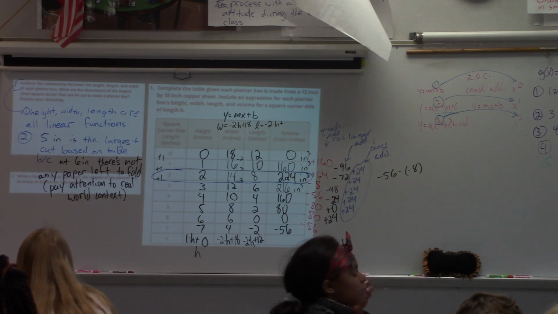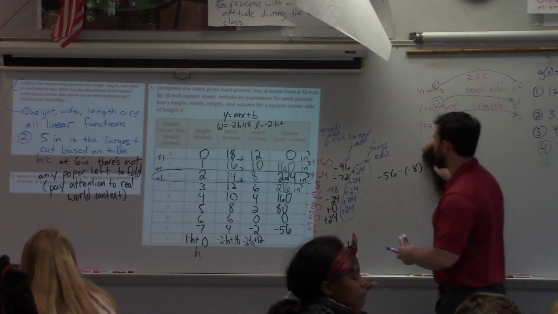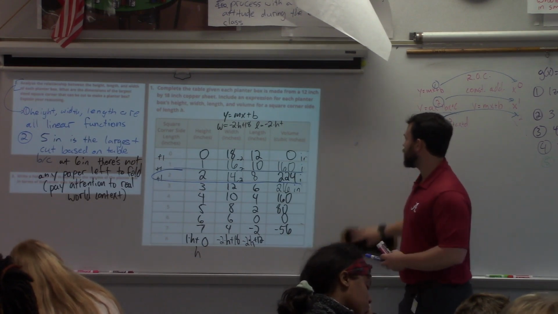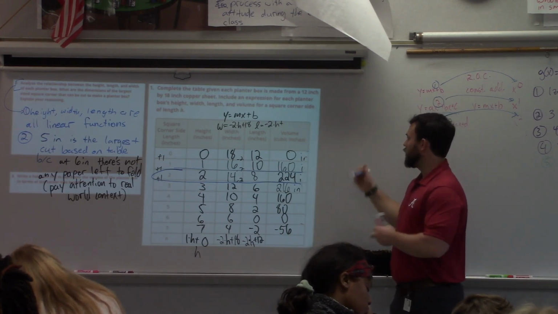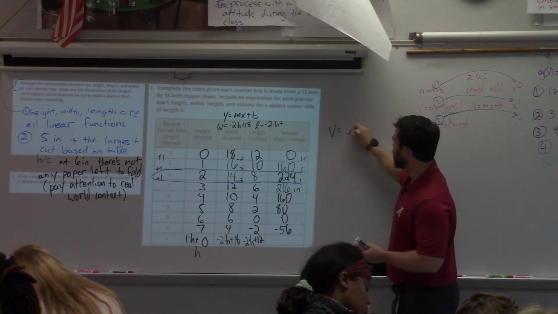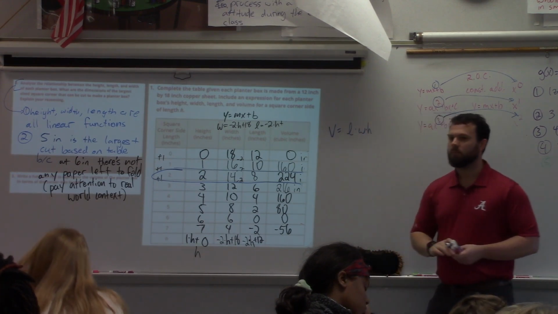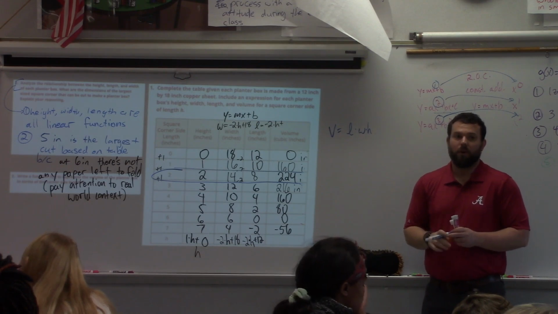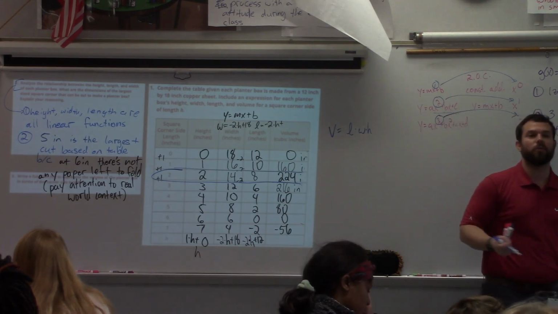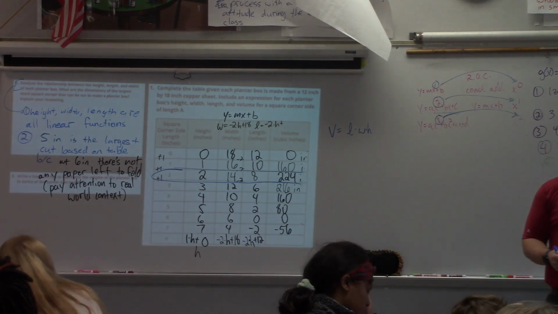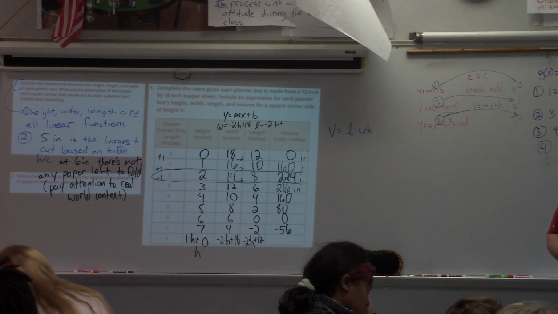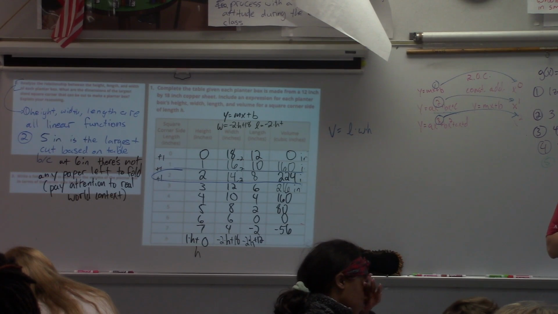Alright, so for number 3 here, I'm going to write it over on this side. What would the function be for the volume? So earlier we said volume is length times width times height, right? So what would my function be? Because I can only have one variable for my function. Do we have a way to rewrite that, based on information we've already done?